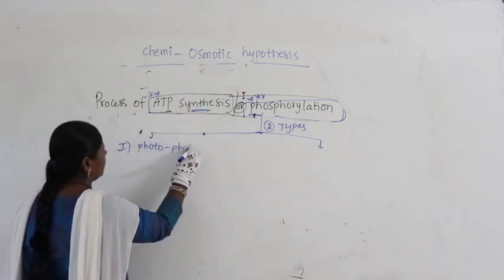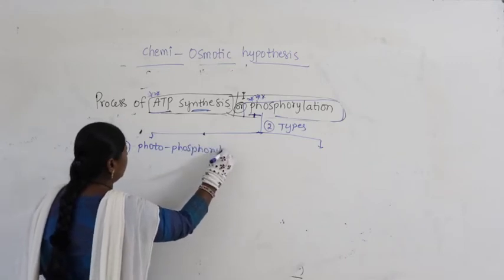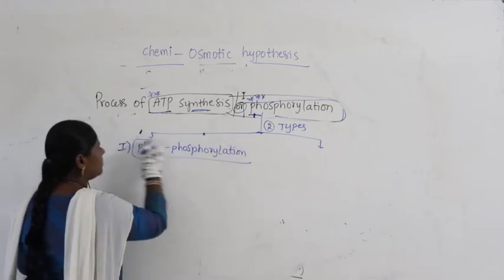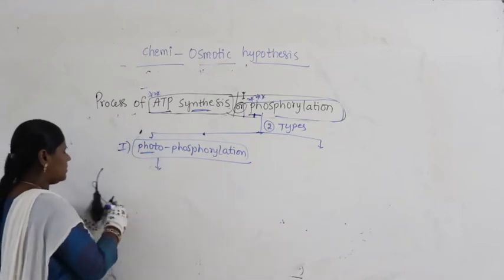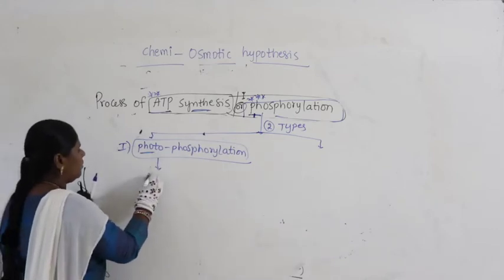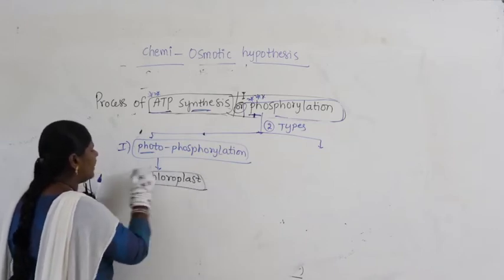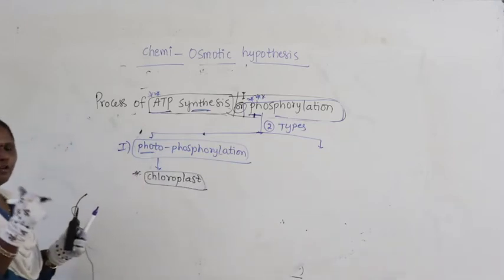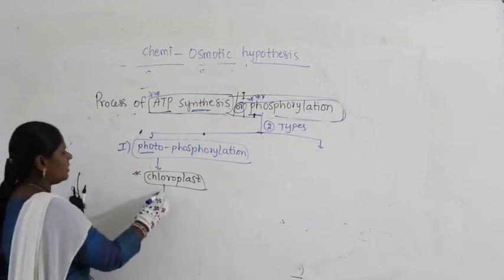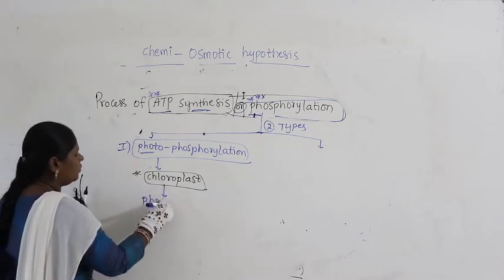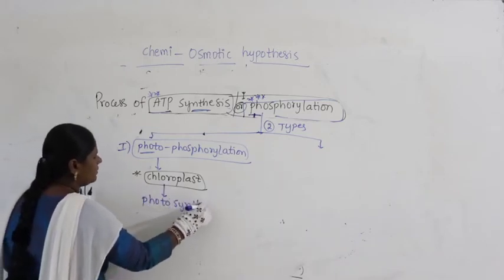Photophosphorylation, right? Yes, using sunlight. So where does it occur? It occurs within the chloroplast. Sometimes indirectly they will ask you the question, when does photophosphorylation take place, so it occurs during photosynthesis.